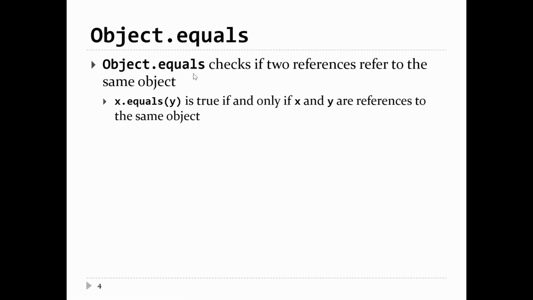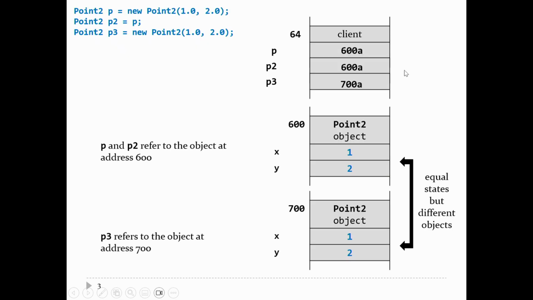The version of equals that you get from Object tests if two references refer to the same object. So x equals y is true if and only if x and y are references to the same object. The other way to think about this is you look in the box here, and these are the values that are being used to test whether or not these things are equal. So is P equal to P?